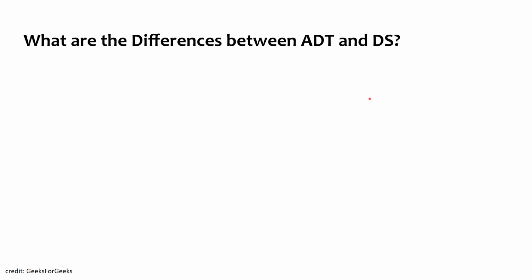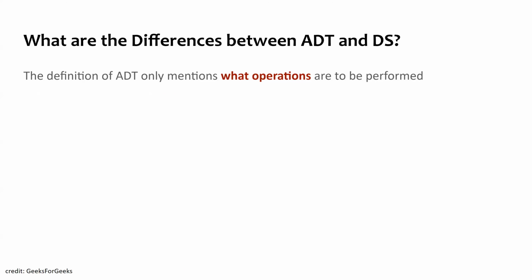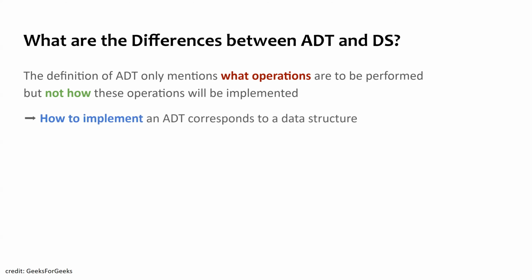So from now on, let's differentiate between ADT and data structures. The definition of ADT only mentions what operations are to be performed, but not how these operations will be implemented. How to implement an ADT corresponds to a data structure.